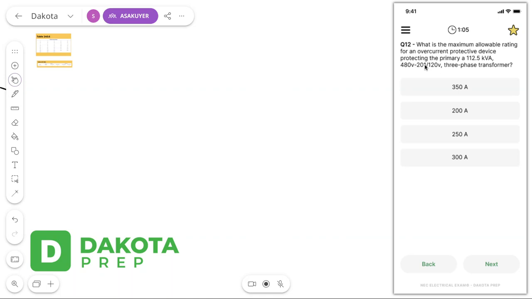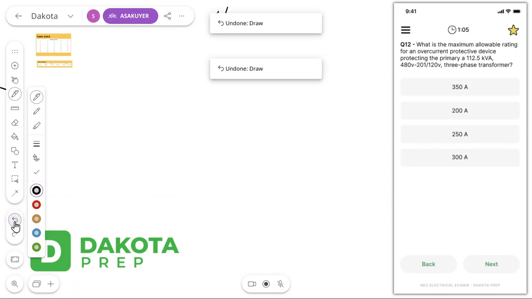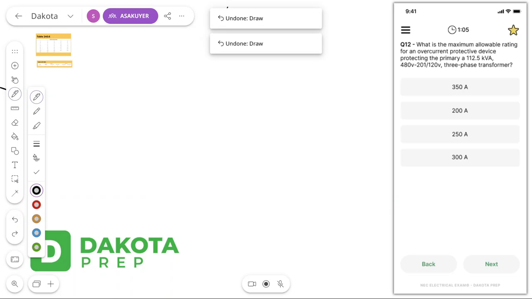Okay, so since we do have a three-phase Y, we now know that first of all, for our transformer overcurrent protection, we want to be in 450.3.